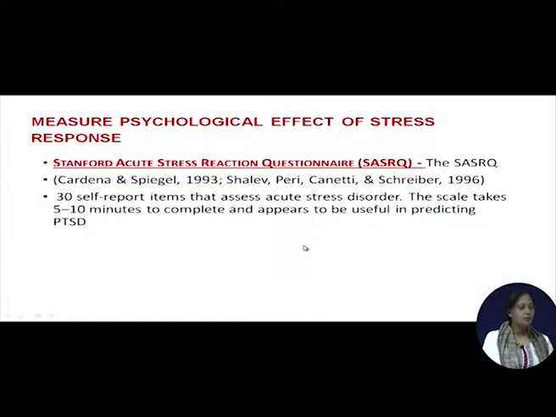Now, that brings us to the Stanford Acute Stress Reaction Questionnaire, which has 30 self-report items that assess acute stress disorder. This scale is widely used primarily because it takes very short time. It takes around 5 to 10 minutes to complete and is very helpful in identifying and predicting PTSD. PTSD stands for post traumatic stress disorder, which we have discussed earlier.